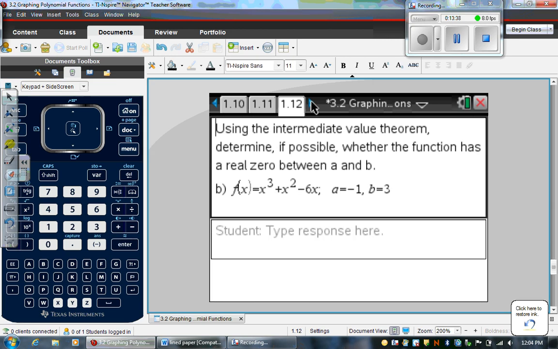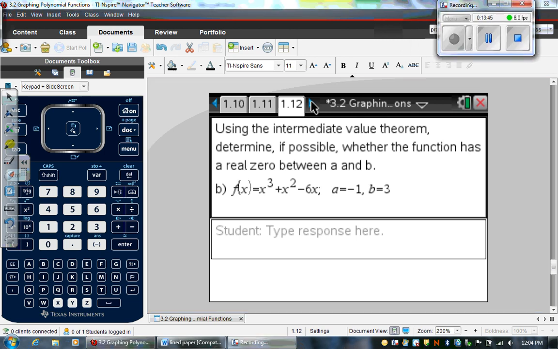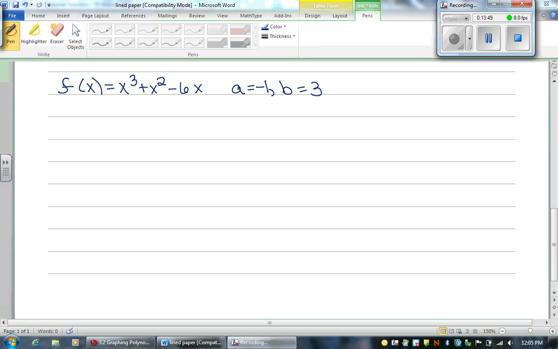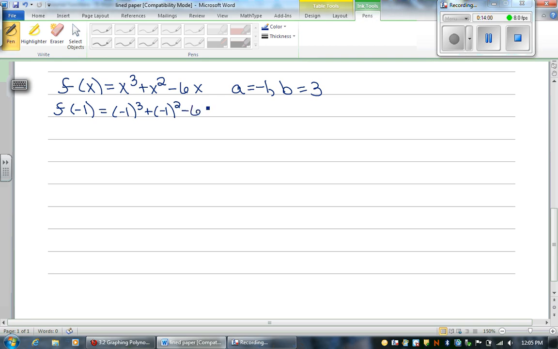Okay, so using the intermediate value theorem, we're going to try this next one and see if this works. I'm going to do it on a different page because this page does not like me for some reason. Okay, so we have our value of a, we have our value of b, so our first step is to evaluate the function at those values. Okay, so this gives us negative 1 plus 1 plus 6, which gives us a positive 6.